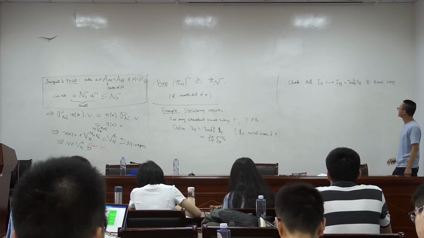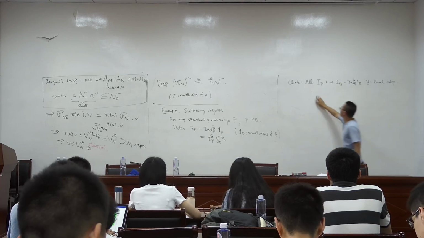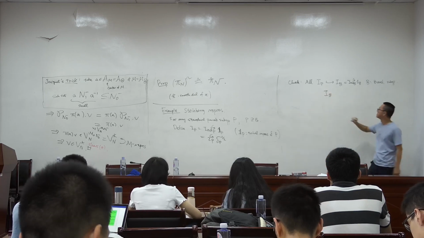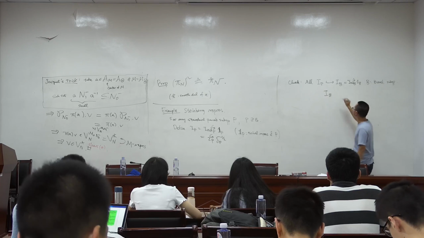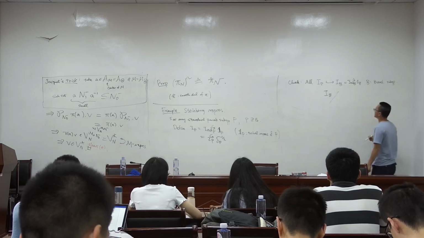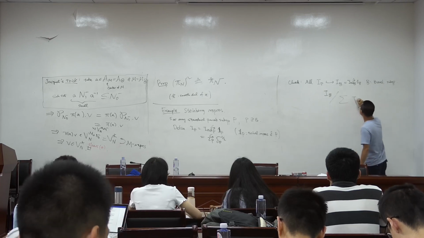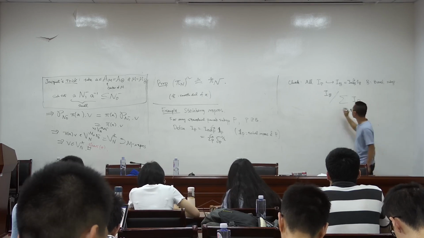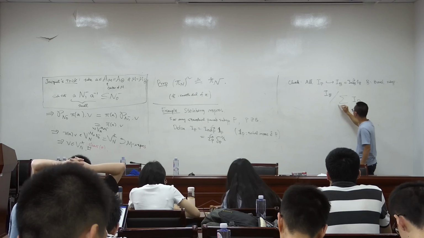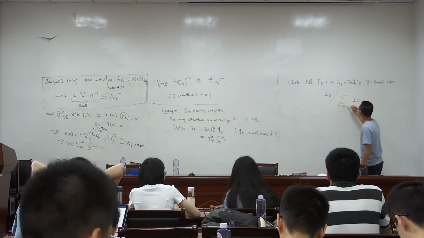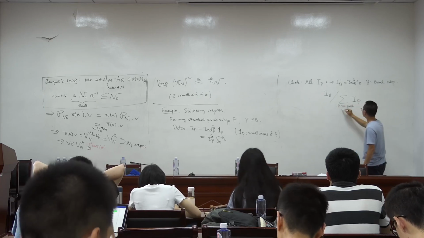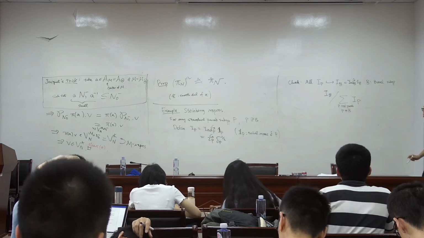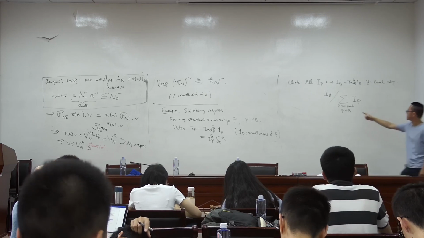Then what I can do is, I_B is the largest. I mod out all the I_P where P are standard parabolic subgroups of G, with P not equal to B. I want to mod out everything.